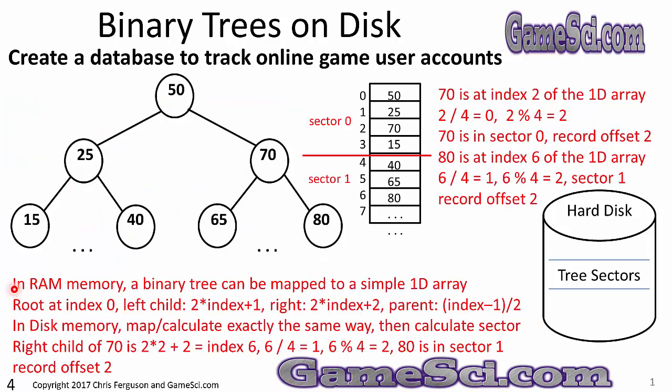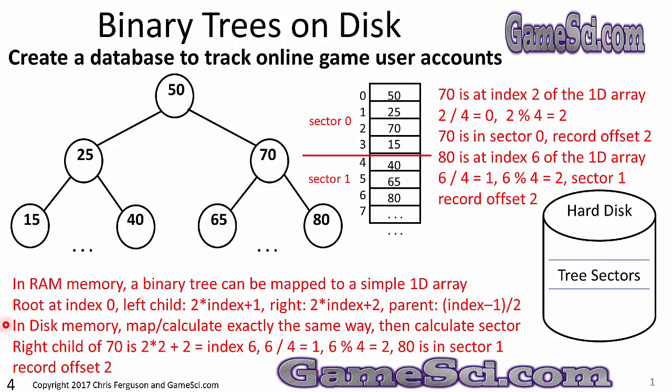In RAM memory, a binary tree can be mapped to a simple one-dimensional array. Recall the formulas. If the root starts at index 0, the left child will be at 2 times index plus 1. The right child will be at 2 times index plus 2. And the parent will be at (index minus 1) divided by 2.